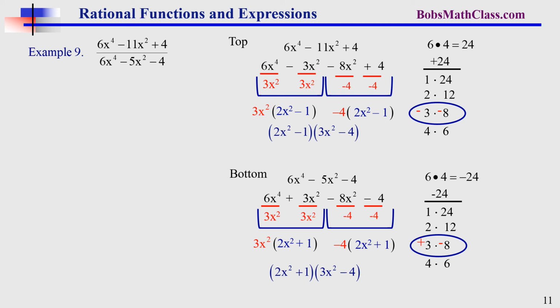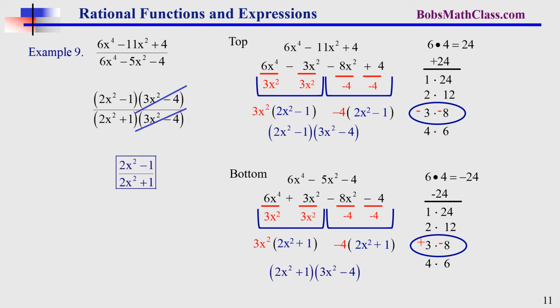All right, we're almost there, right? But the first result on top and the second result on the bottom. Now what cancels? Right, 3x squared minus 4. And we're all done. 2x squared minus 1 over 2x squared plus 1.